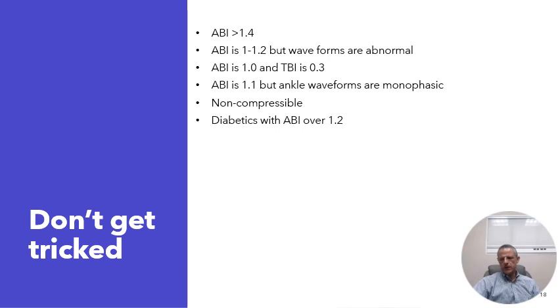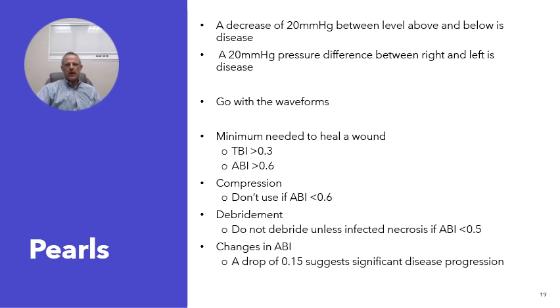The default should be, if you are concerned that there's some abnormality in the waveform of the ABI or the ABI number itself in the context of the clinical factors for the patient, we should reflex to a more formal vascular study.